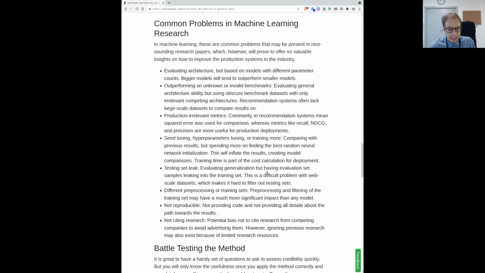Then testing set leak. Everybody knows this. If you leak your test set into the training set, you're going to have better results, and this is very much a problem in web scale datasets, where the data spills over the internet, and if you train on the internet, you may find the testing set in the training set, and then this will invalidate the comparison.